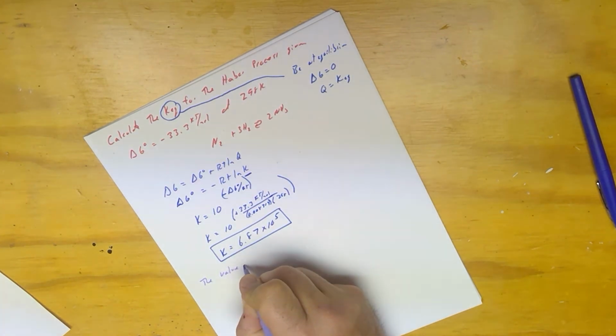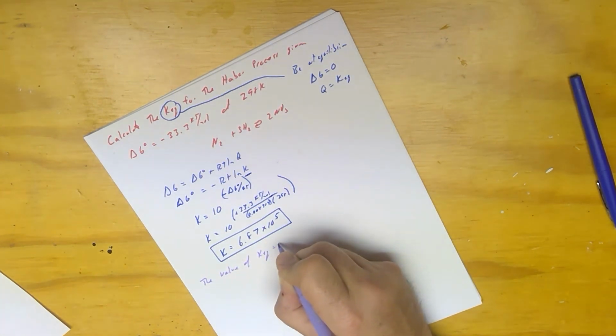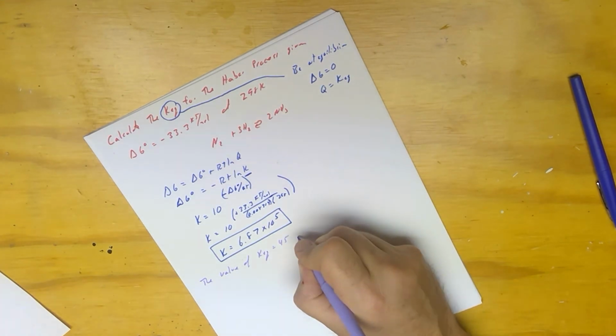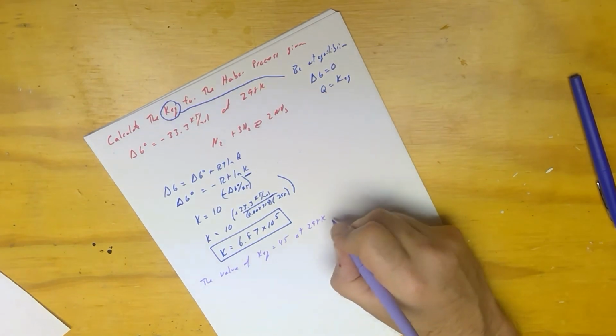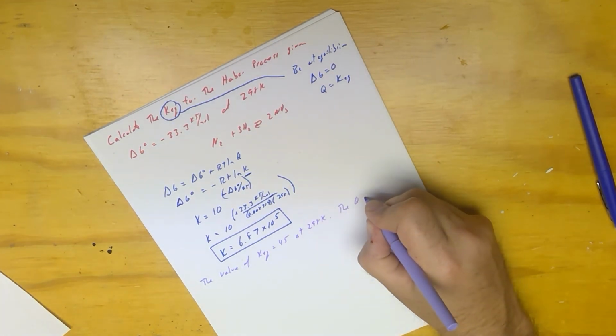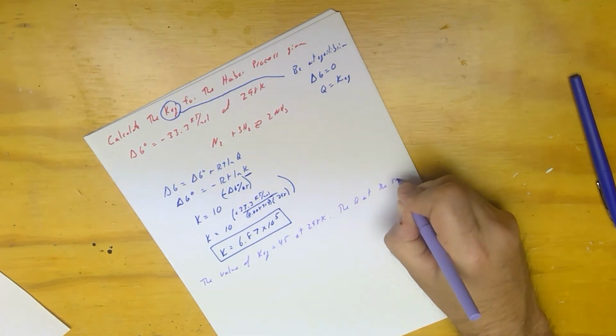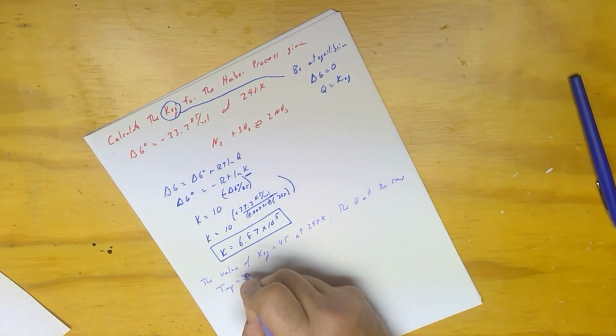The value of KEQ equals 45 at 298 K. The Q, or the reaction quotient, at the same temp is 35.